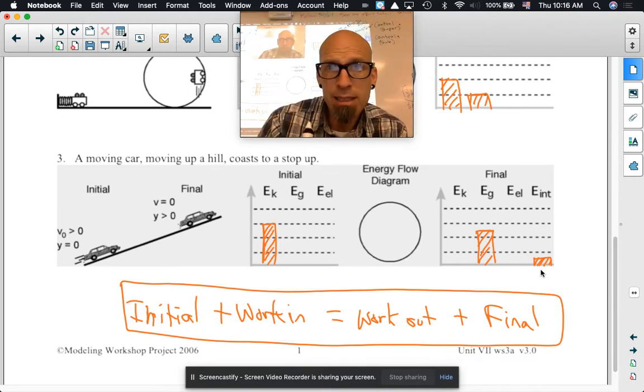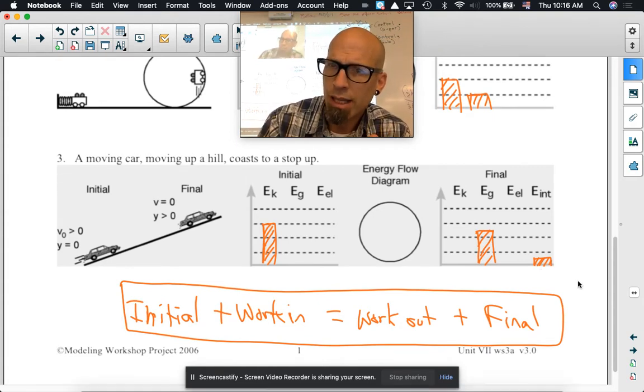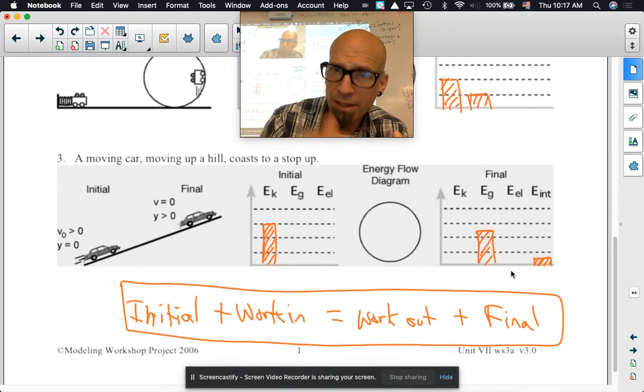So it's about interpretation. Now, something I would probably wonder about is what exactly you were thinking. If you had most of it internal energy and only a little bit of gravitational, I would be suspect of that. That doesn't seem right. Or if you included kinetic in the final, or if you included elastic in the final, I would wonder what's happening there, because we don't have motion at the top of the hill.